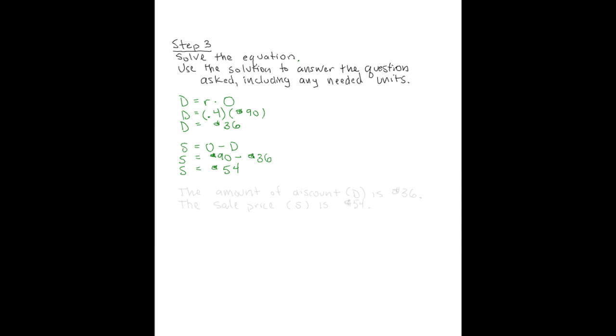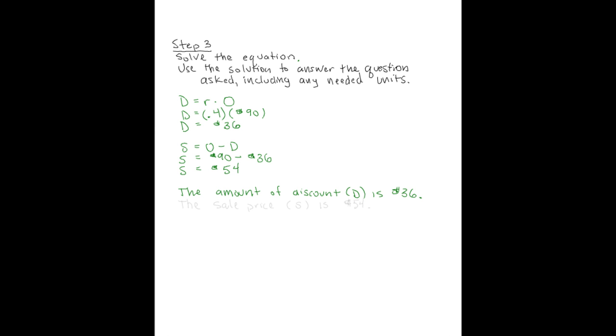The last part of step 3 is to use the solution to the equation to answer the question being asked, include any necessary units. Alright, well the question that was asked of us was, what are the amount of discount and sale price? Well, D represents the amount of discount, so we can write the amount of discount, and in parentheses I'll put D, is $36.